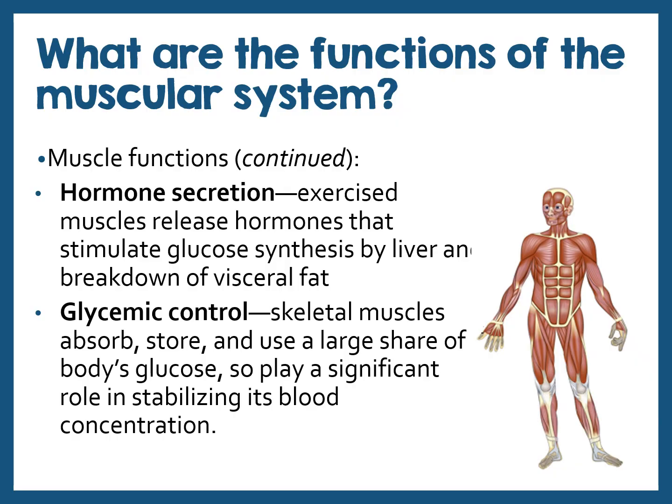That insulin will travel around the body and it will tell your liver and your body cells and your skeletal muscle, hey, there's some extra glucose in here. So we need you to get that glucose out of the blood and store it. And so the skeletal muscles can actually take in that extra glucose and store it for when it is needed or when you are in a fasted state.